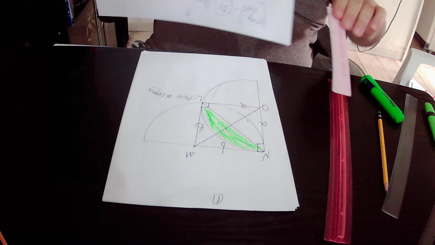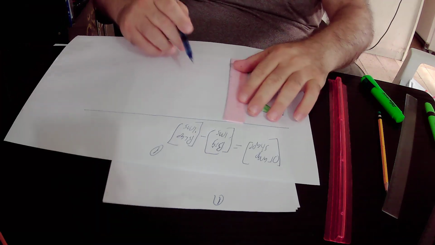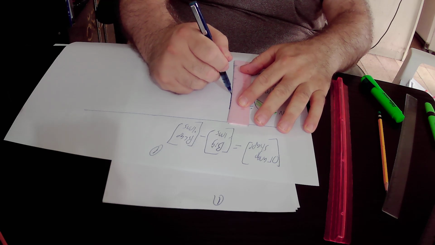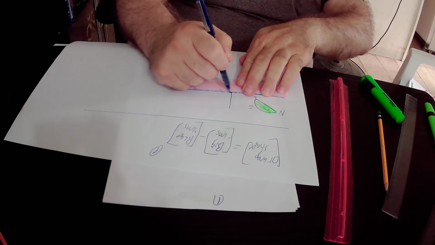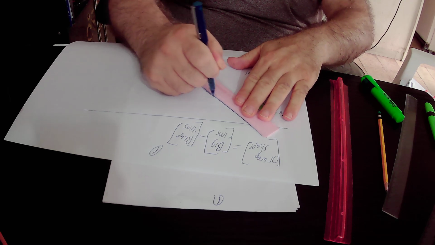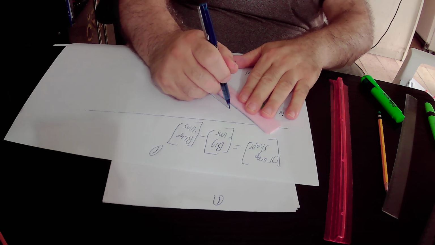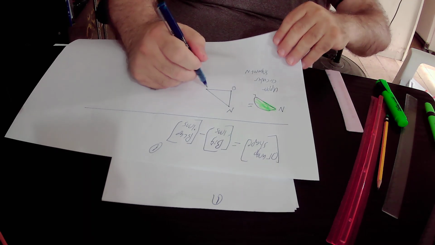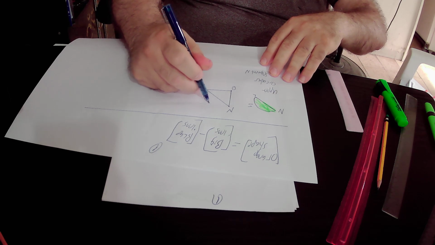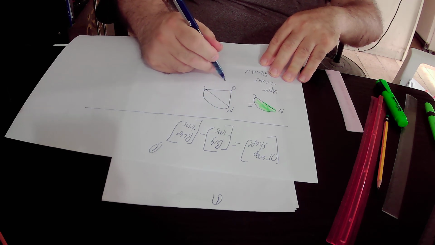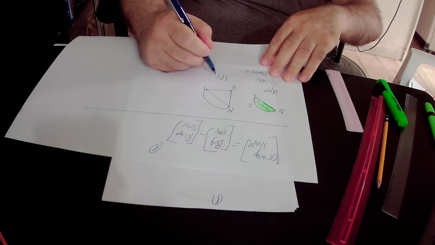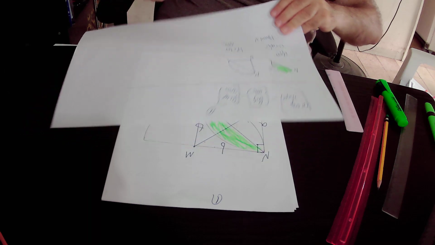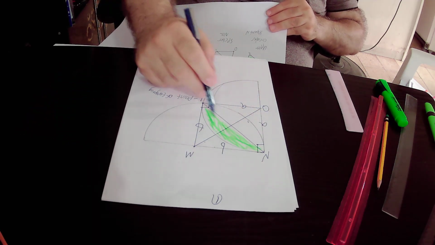Okay, so it is equal to the area of sector NOL, this is sector NOL that I copied from the original drawing, minus the area of triangle NOL.